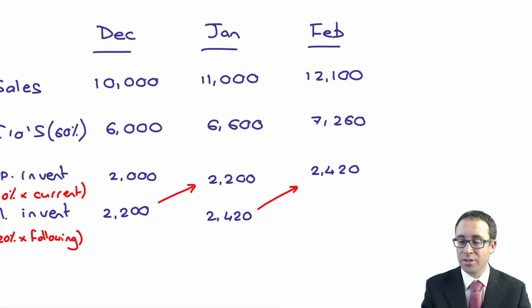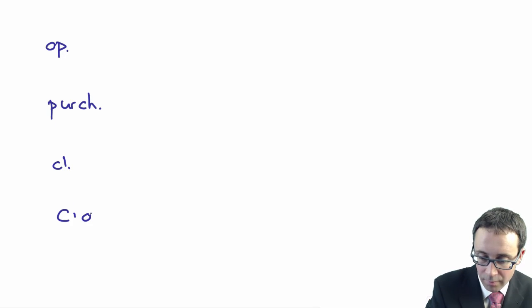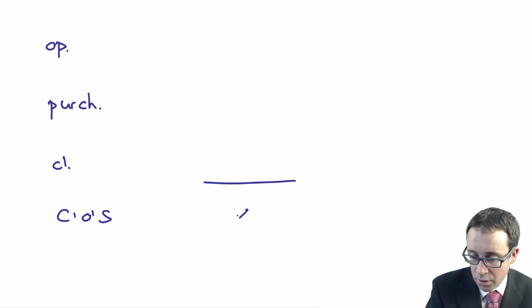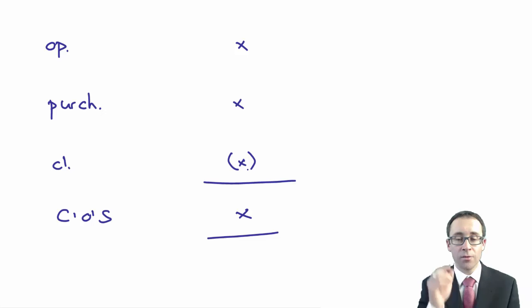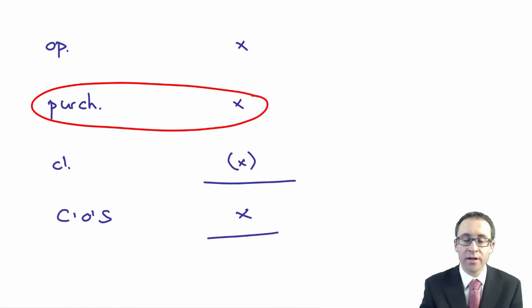So what we've got now is we just need to rearrange things a little bit, don't we? Because if you're thinking about cost of sales, that's your opening plus purchases less closing gives you your cost of sales, doesn't it? So we just need to rearrange it, because what we need to work out now is your purchases figure.